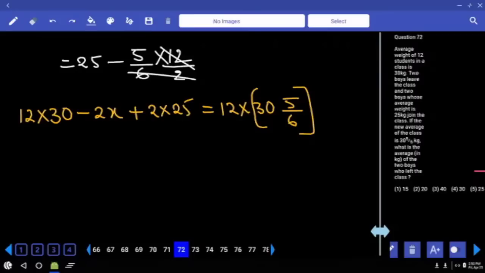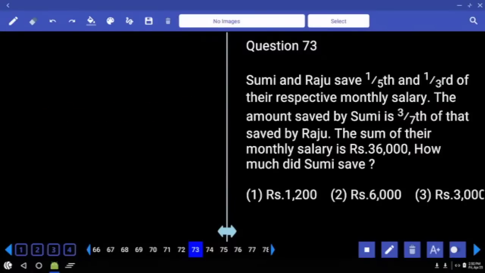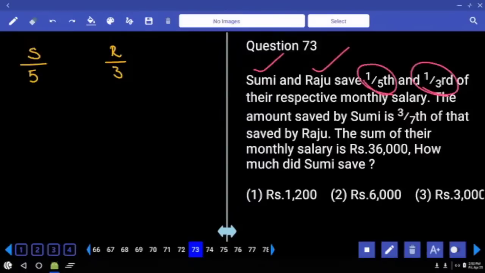Now the next one. Sumi and Raju save 1/5 and 1/3 of their respective monthly salary. Sumi's savings are S by 5. Raju's savings are R by 3. I am taking Sumi's income as S, Raju's income as R. They are saving 1/5 and 1/3 of their respective incomes.